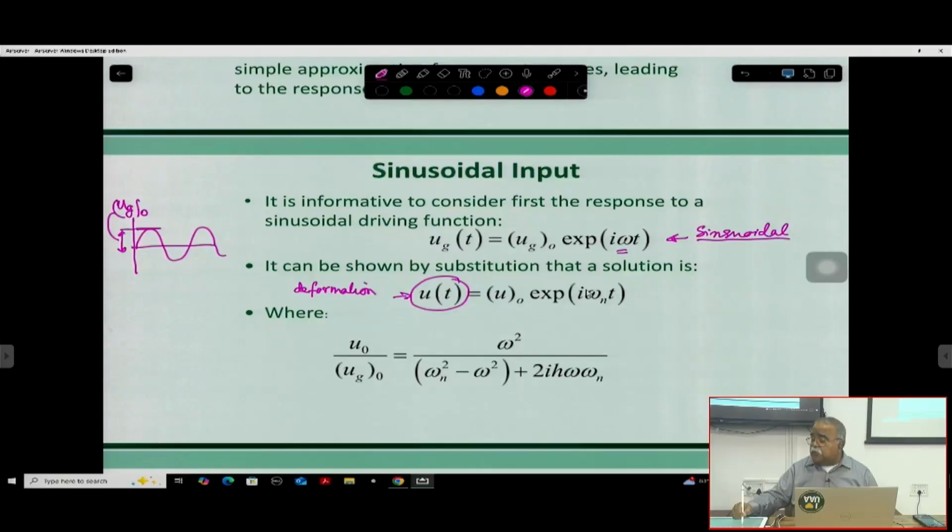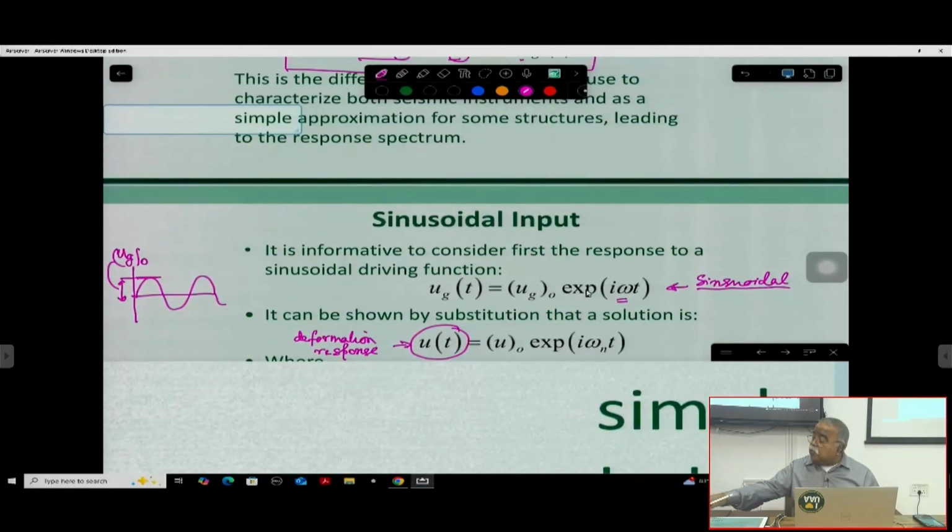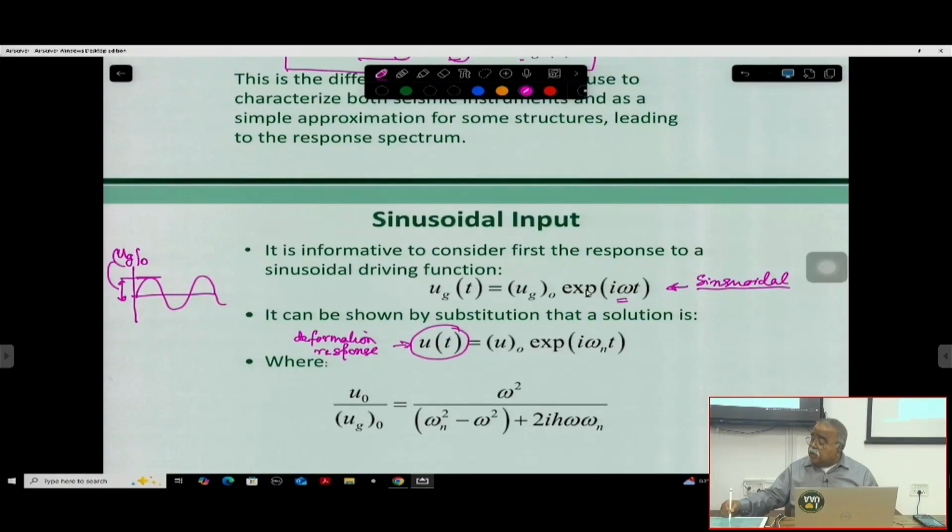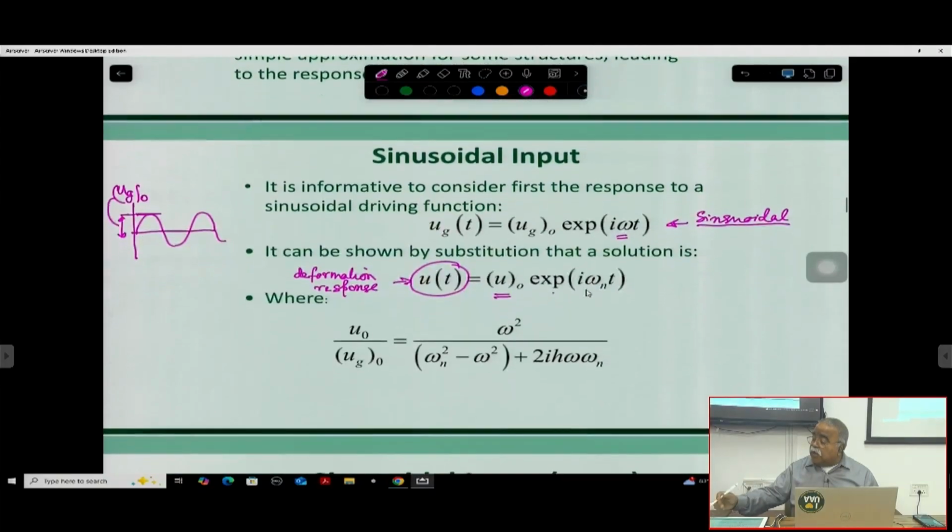So this is the deformation response of the building. We will come to that term afterwards. But let's see, the building displacement equals the peak value of the building displacement u0 and exponential i omega n t, because the building vibrates with omega n t.